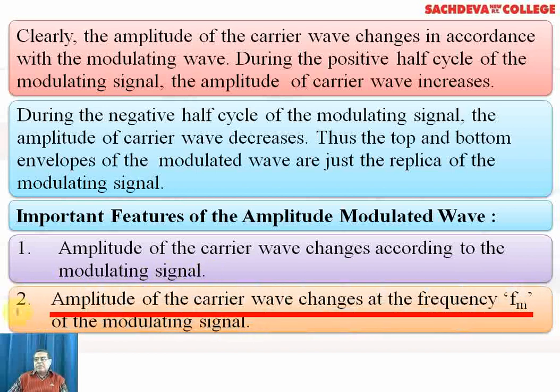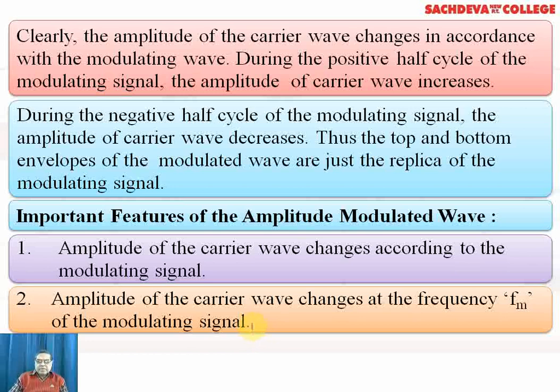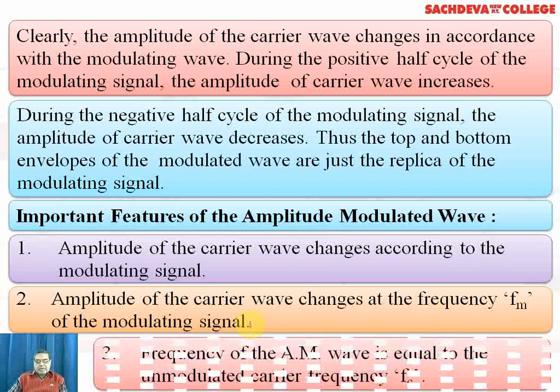Second, the amplitude of the carrier wave changes at the frequency fm of the modulating signal. So fm stands for the frequency of the modulating signal. When we use the word signal, we are referring simply to waves, nothing more than that. So the amplitude of the carrier wave, meaning the maximum displacement of the radio wave, changes at the frequency fm of the modulating signal.